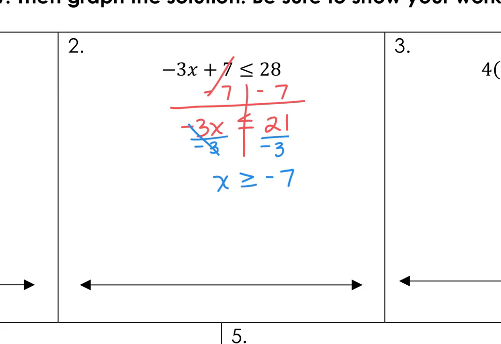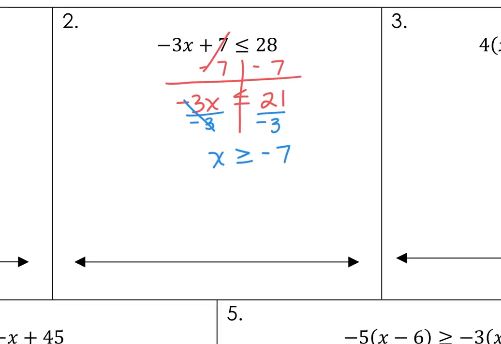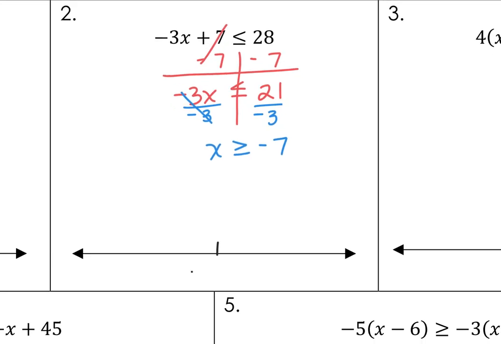It's still a negative. All right, so now that we have the correct solution, hopefully the graphing part is easy. On -7, our circle is going to be closed, and since it's greater than or equal to, we are going to the right.